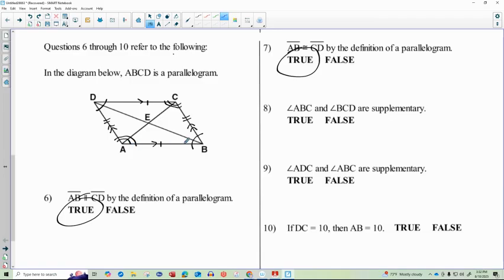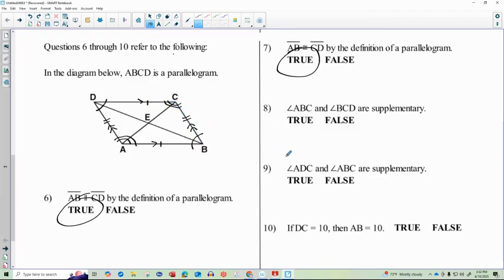Now, angle ABC. Where's angle ABC? Well, ABC, that angle right there. And BCD are supplementary. Yes, those are consecutive angles. So that's also true that those are supplementary. Let me get rid of that blue there.